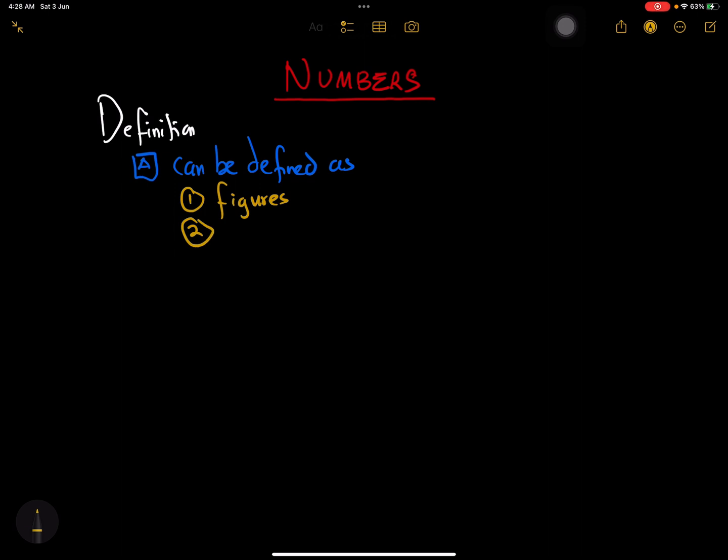Two, these figures are used in arithmetic. And three, for counting purposes. So there you have it. Numbers can be defined as figures used in arithmetic for counting purposes.